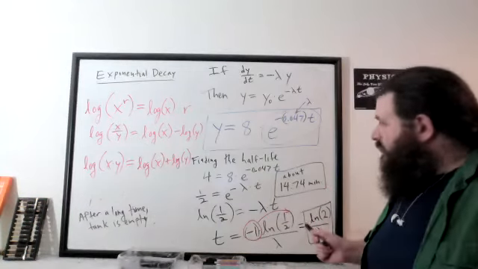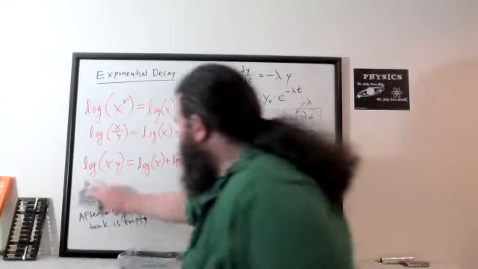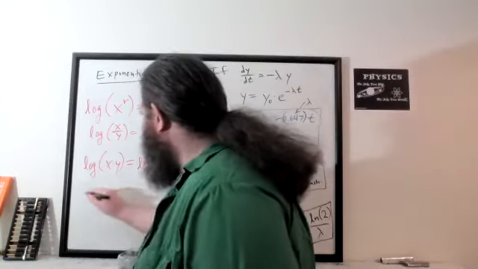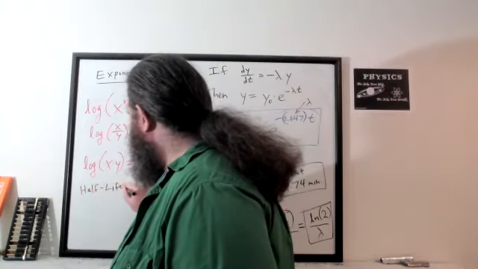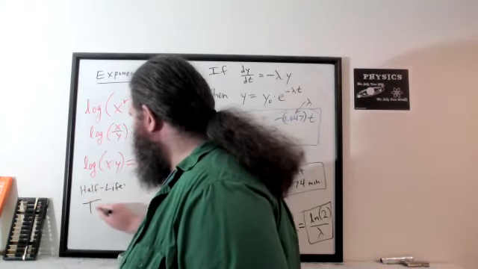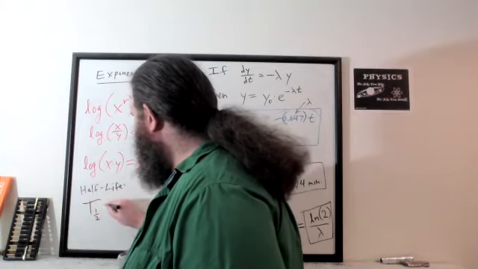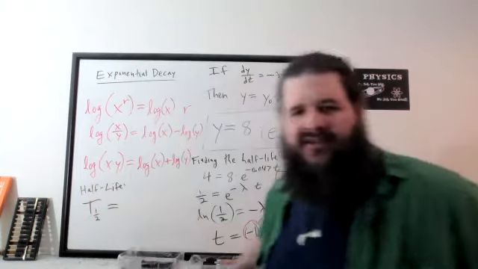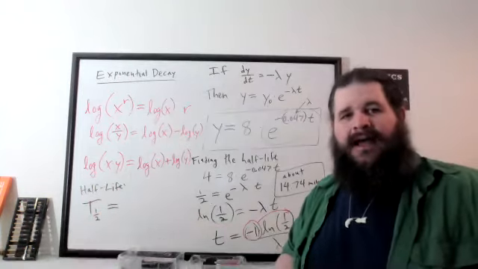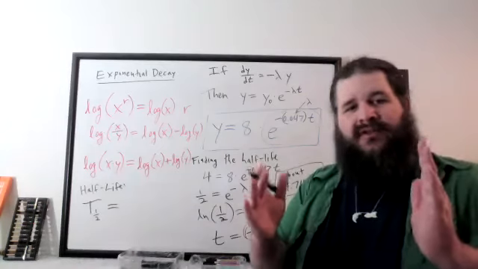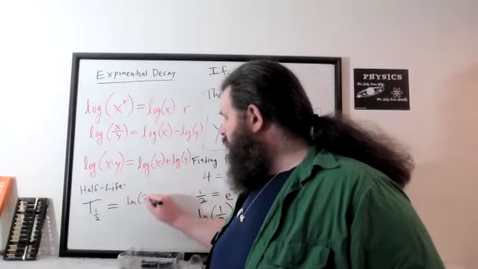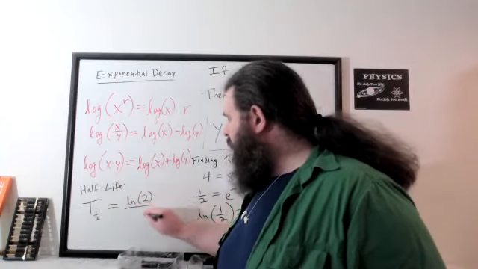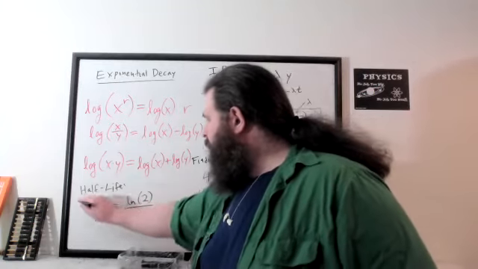And we can generally use this as a formula for the half-life. In general, the half-life, which is often written as capital T sub 1/2 (we usually use lowercase t to represent what time it is right now and capital T to represent a certain interval of time), is going to be logarithm of 2, because of the 1/2, divided by lambda.